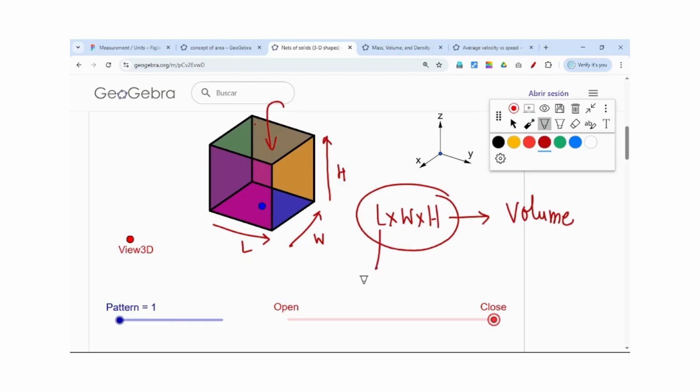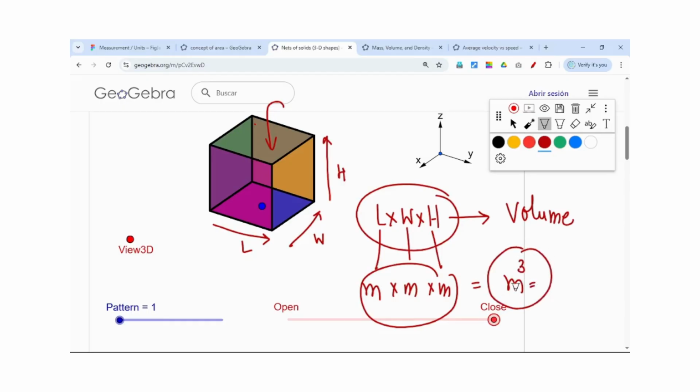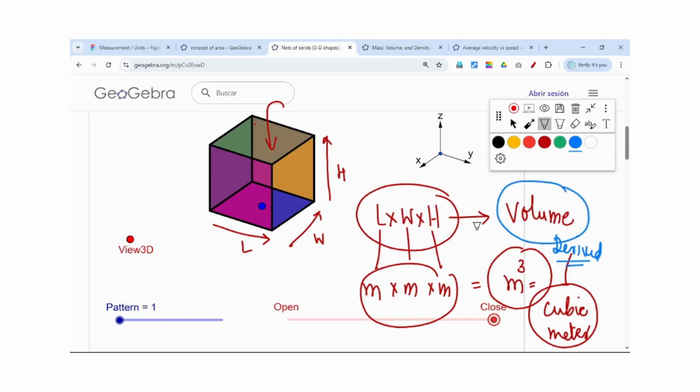So length will have unit of meter multiplied by meter multiplied by meter. Now when meter is multiplied 3 times by itself, we can express it as meter to the power 3. So it is called cubic meter. So cubic meter or meter cube gives us one more unit. Again, this is a derived unit, for measuring volume.